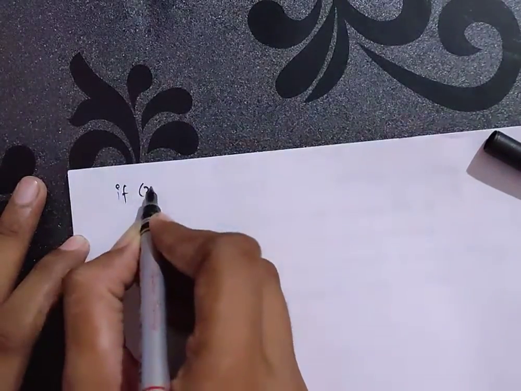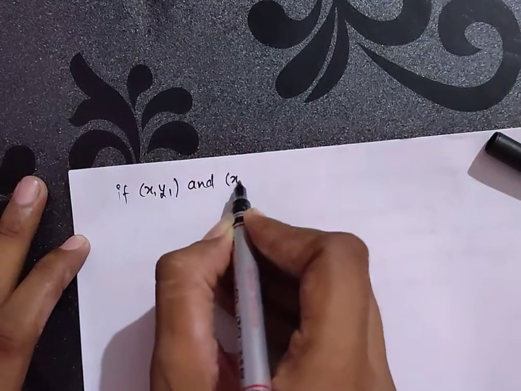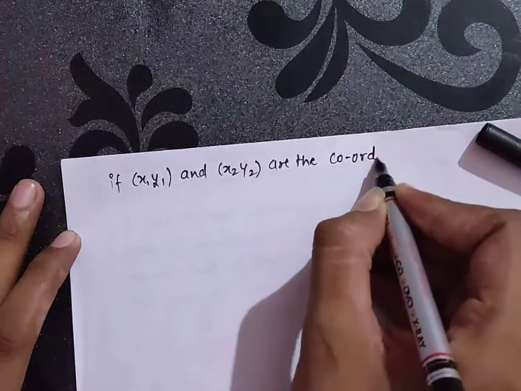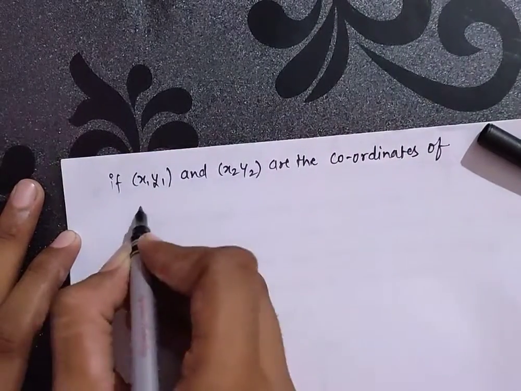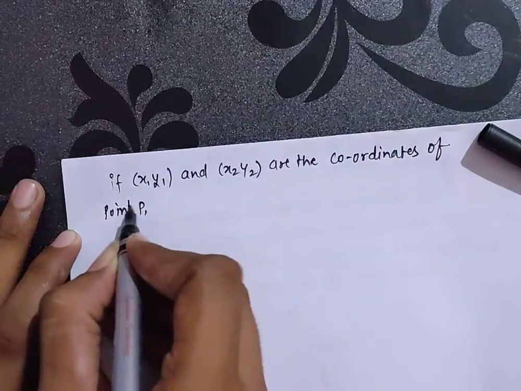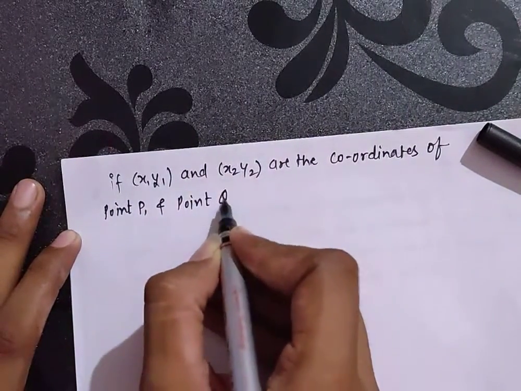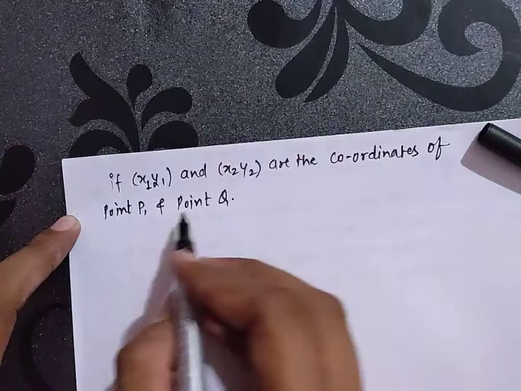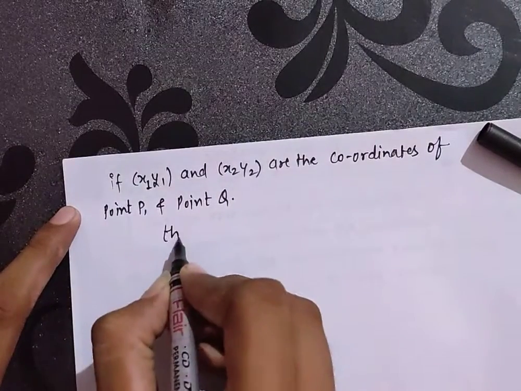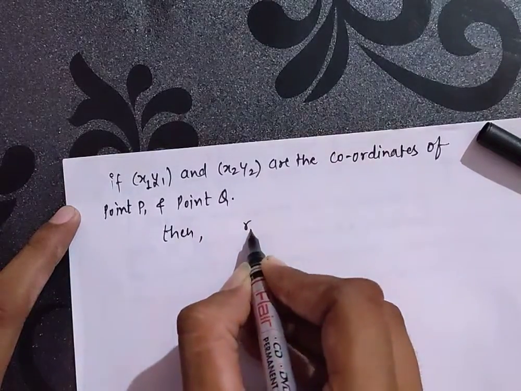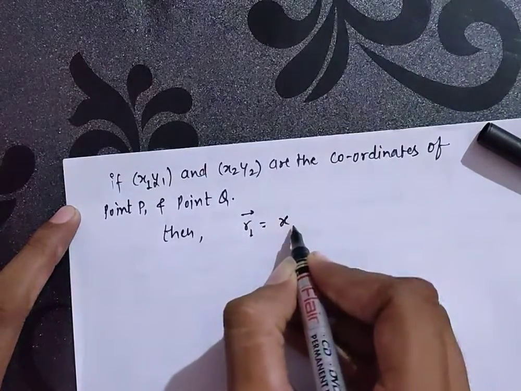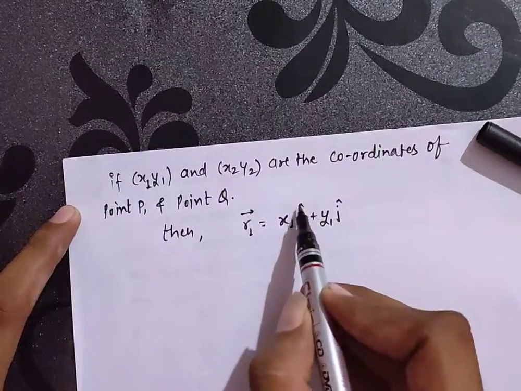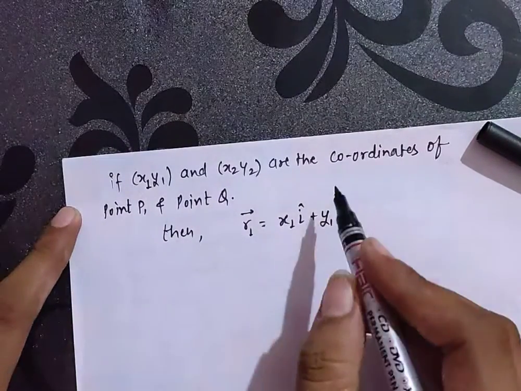If x1 y1 and x2 y2 are the coordinates of point P and point Q, then the position vector for point P is written as r1 is equal to x1 i cap plus y1 j cap, where i cap is the unit vector along x-axis and j cap is the unit vector along y-axis.